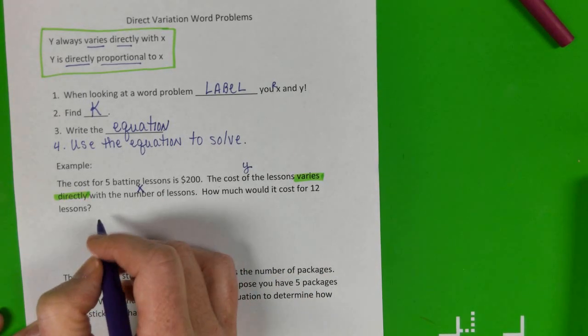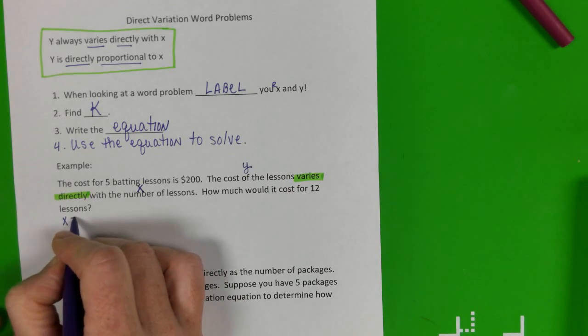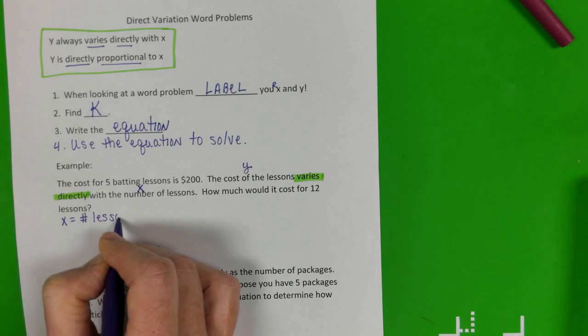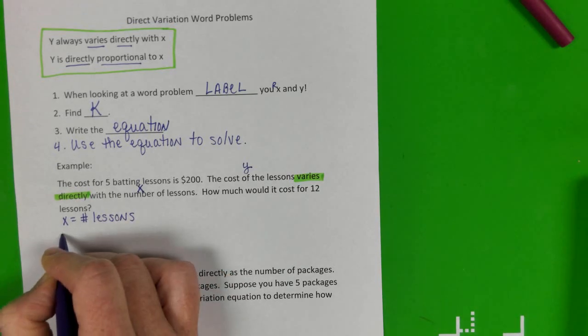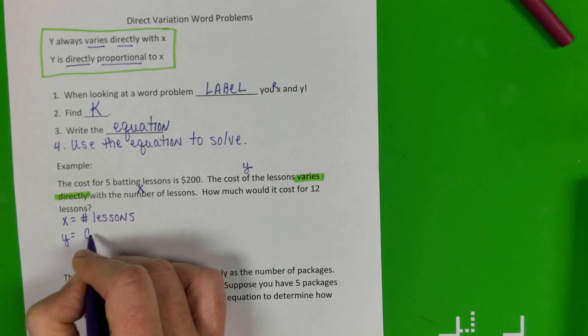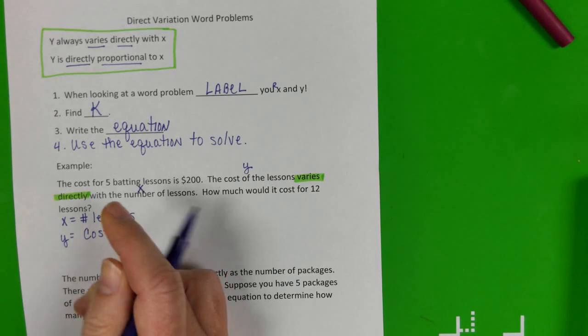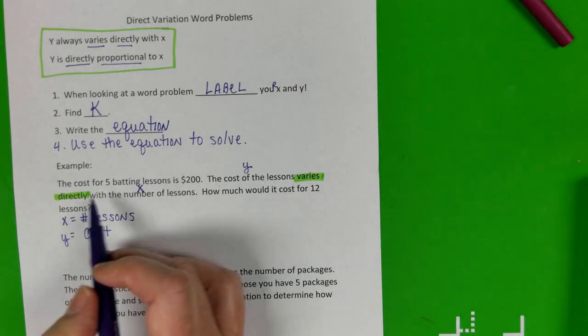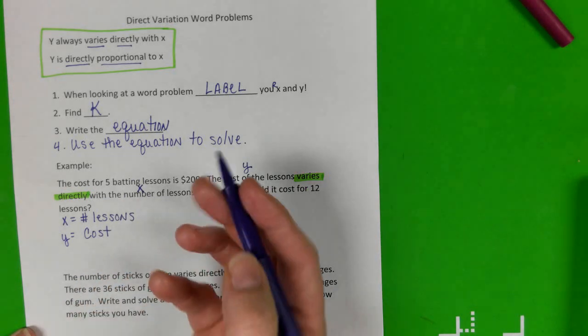So let's write this down. X is going to be the number of lessons. Y is going to be the cost of our lessons. That's important because we have these numbers and it doesn't say x equals 5 and y equals 200. We don't know that, but now we do. So it says the cost for 5 batting lessons.